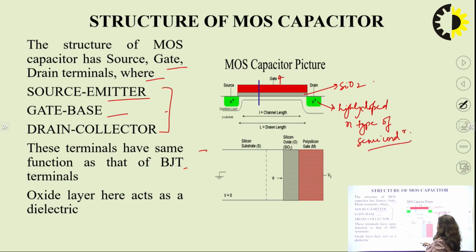For doping we have to add impurities into the normal semiconductor. So if you want an N plus highly doped semiconductor, we have to add pentavalent impurities.